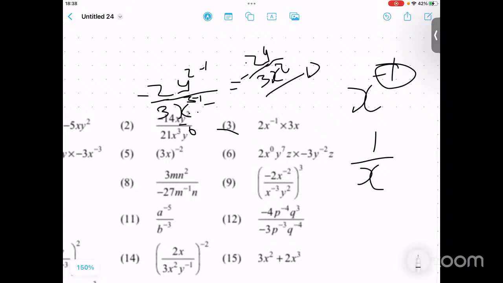Okay, Mukundi. For number 3, ma'am. How did you do number 3? Oh, I just multiplied the coefficients and added the exponents.